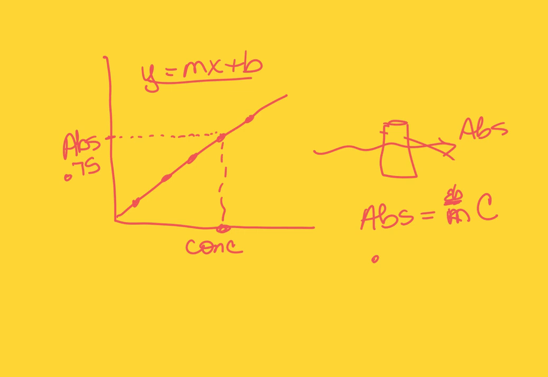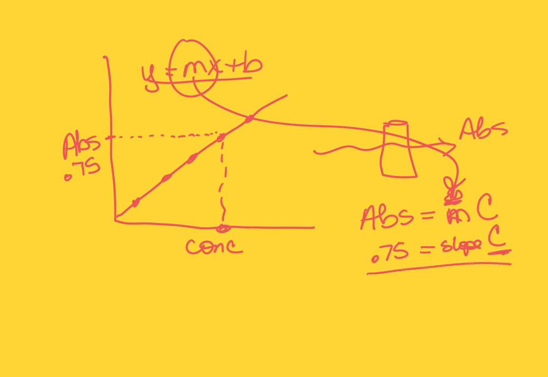So we could put this 0.75 in here, and we know the slope from the equation of the line, and then we can solve for the concentration. So there's two different ways we could do it. We could read it from the graph like this, or we could plug it into the equation like this, and that will give us the concentration of our unknown.